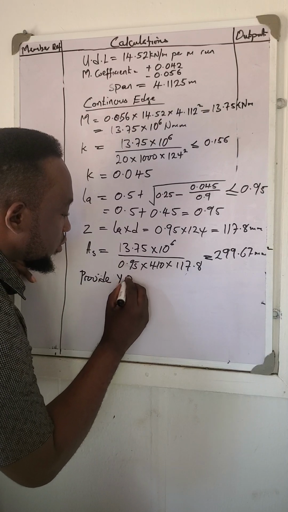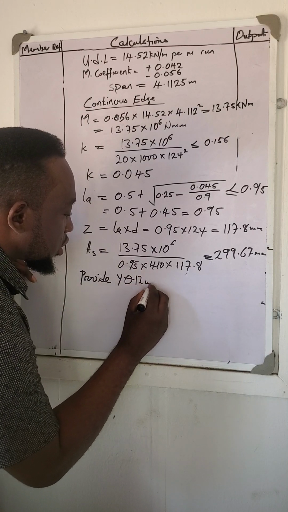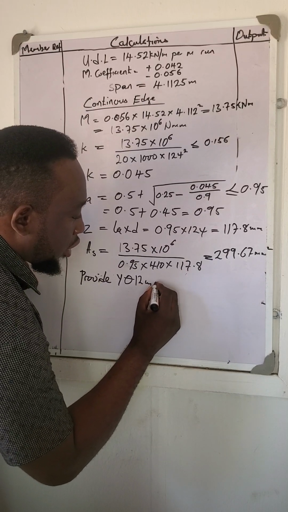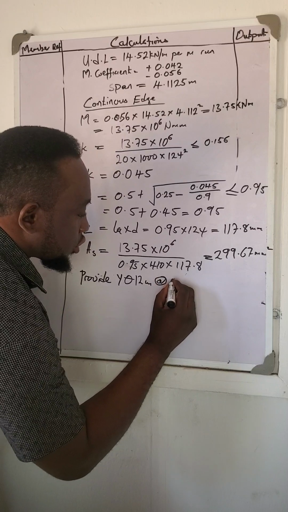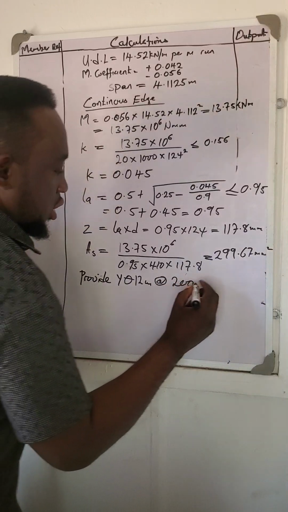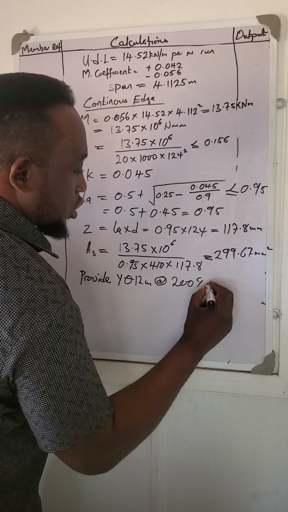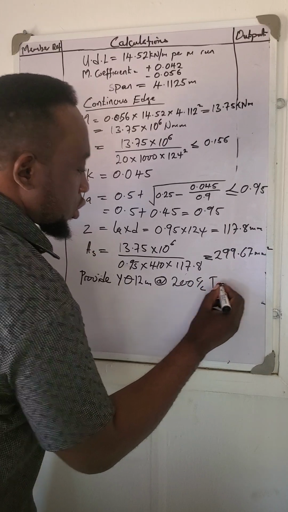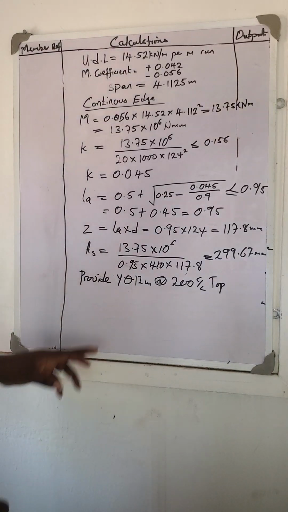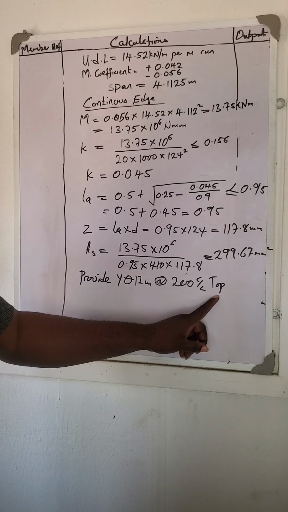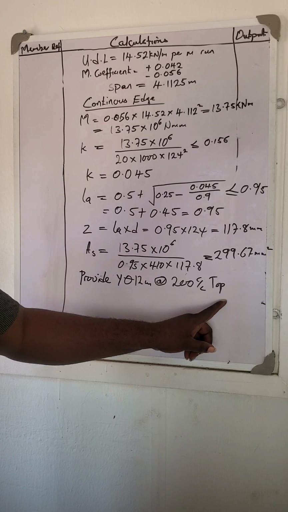You can put the 12 diameter at 200 center to center top. Remember, I told you that at the continuous edge, the reinforcement is always at the top.